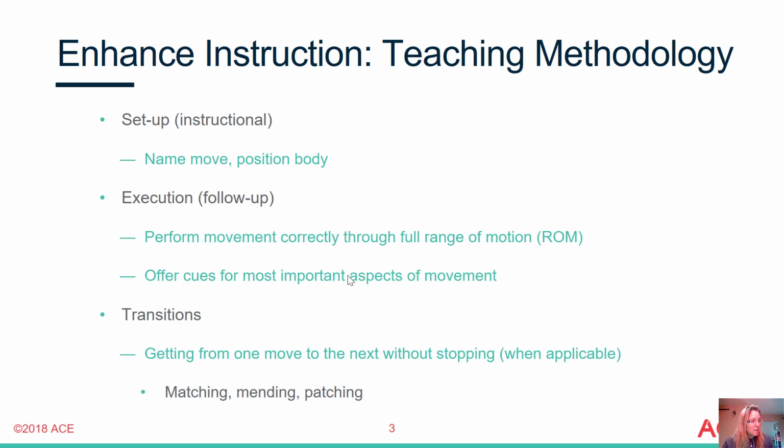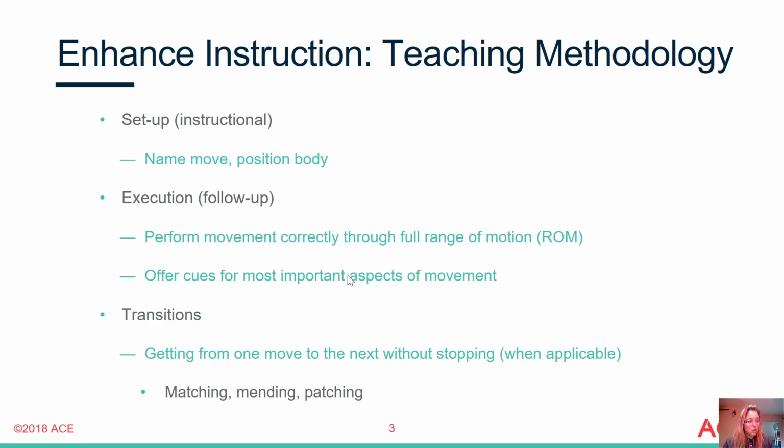As far as the execution, the follow-up, right? So we've already identified the move and we have talked them through the body positioning. Now, how do we follow up from that? Well, we want to make sure that we perform the movement correctly through a full range of motion.